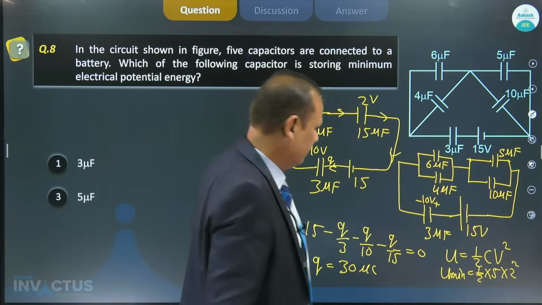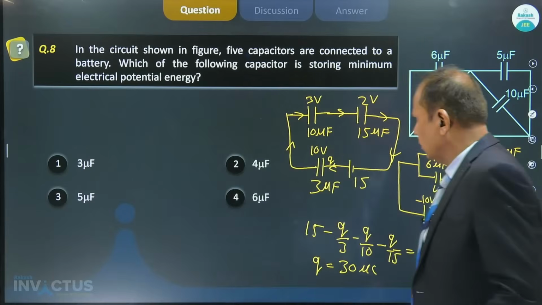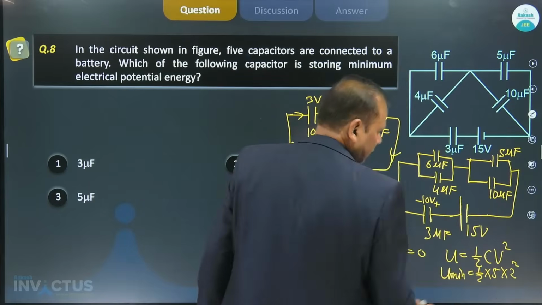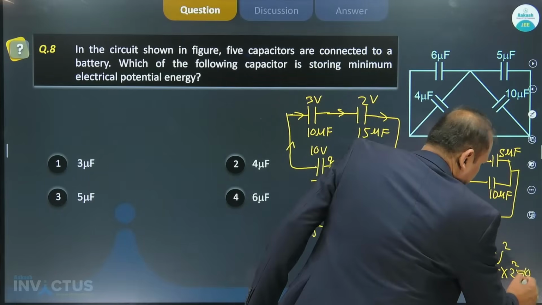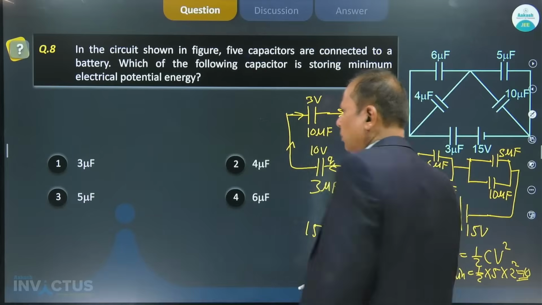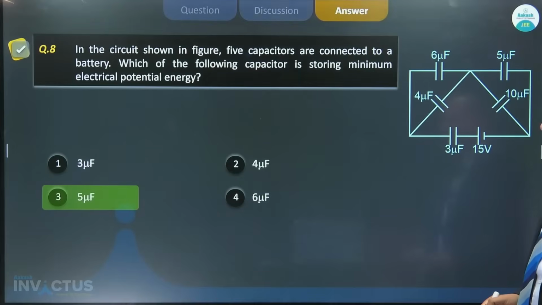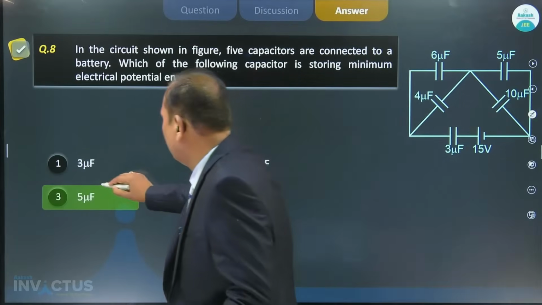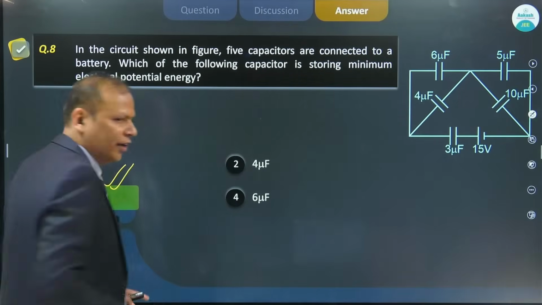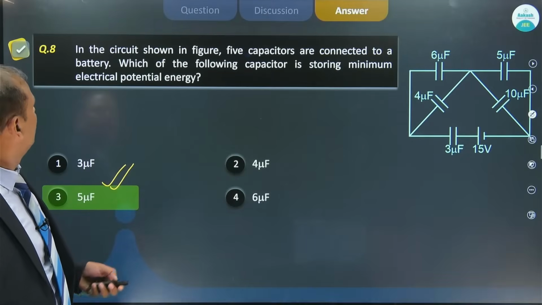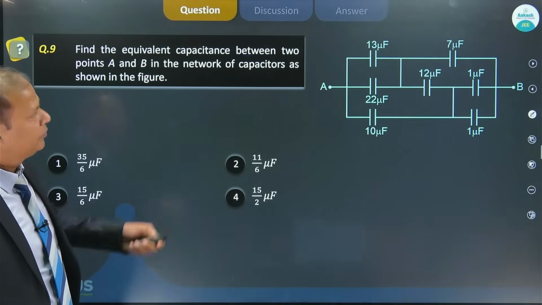You can write it. So it will be 2 fives are 10. That is 10. This is the minimum energy. Check the answer. So certainly 5 microfarad has minimum energy. Let's move to the next part.